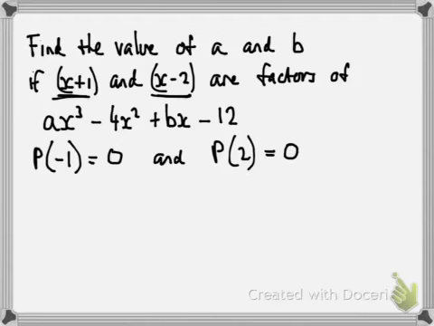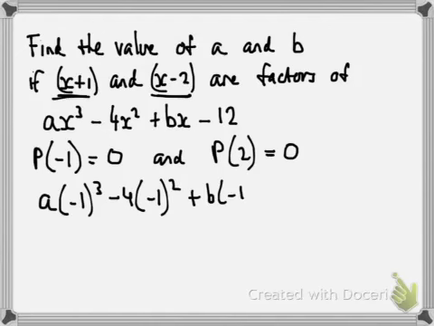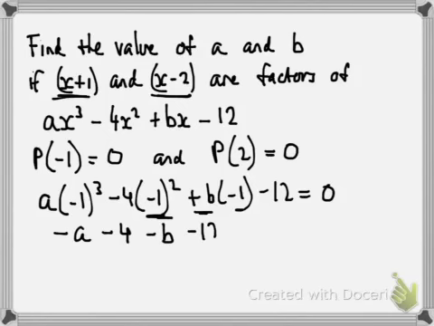So let's do that. Let's make p of -1 equal 0. That means a times -1 cubed minus 4 times -1 squared plus b times -1 minus 12 equals 0. Let's tidy this one up. We'll do p of 2 equals 0 in a minute. -1 cubed is -1, so it's -a; -1 squared is 1, -4 times 1 is -4; -b times -1 is -b; minus 12 equals 0.